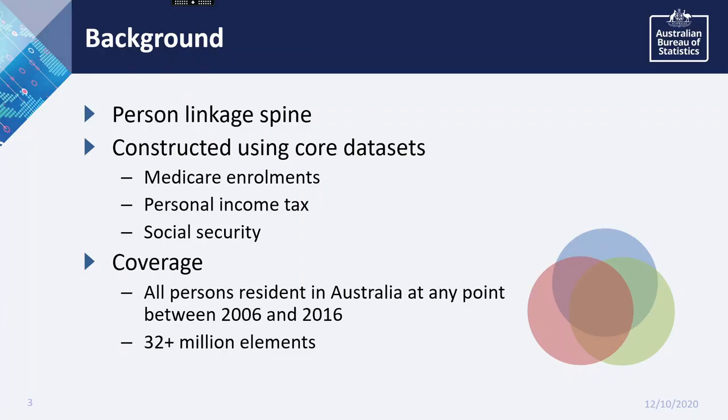And using that, we come to a list of unique individuals that exist across the admin data. So the coverage of our spine is all persons resident in Australia at any point between 2006 and 2016. And it covers more than 32 million persons.